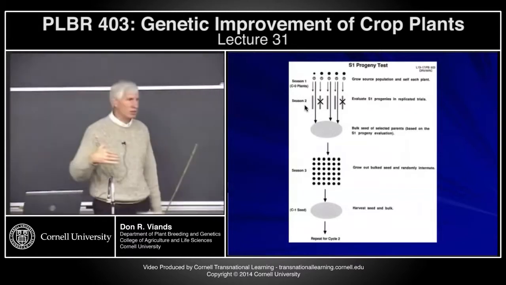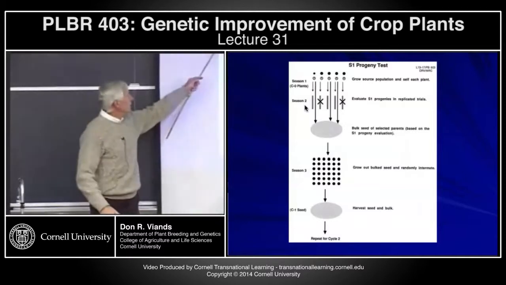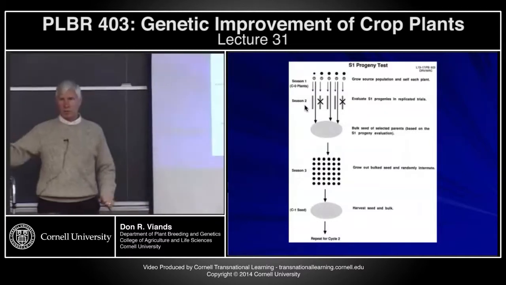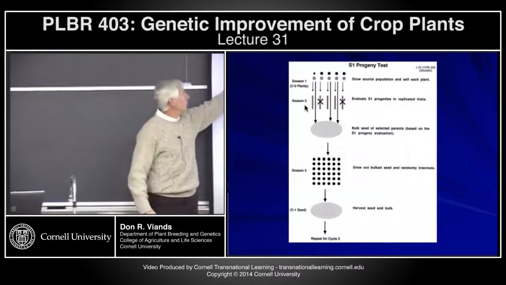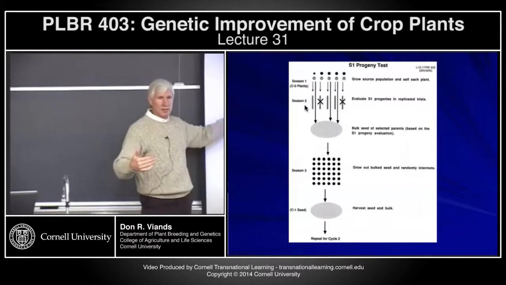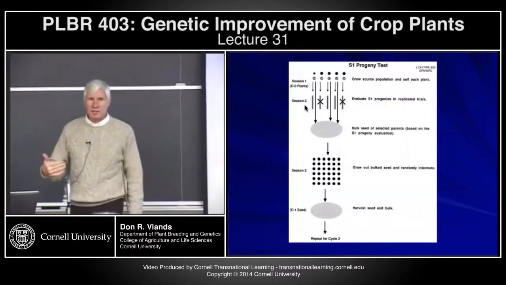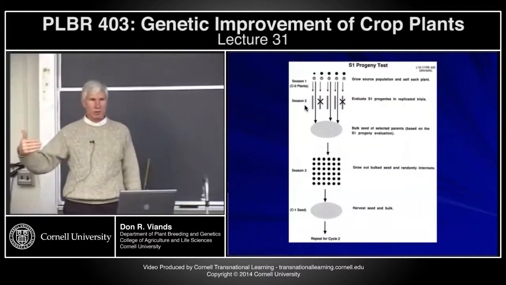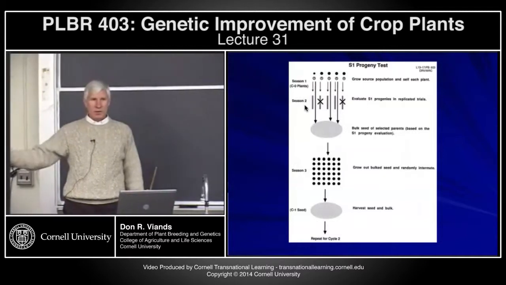So you really come down to season 2, and instead of growing out a row, again, you grow out just a plant that represents each one of these parent plants, and then self that to produce an S2. And then in season 3, you're growing out replicated S2 progeny rows. Evaluate those.